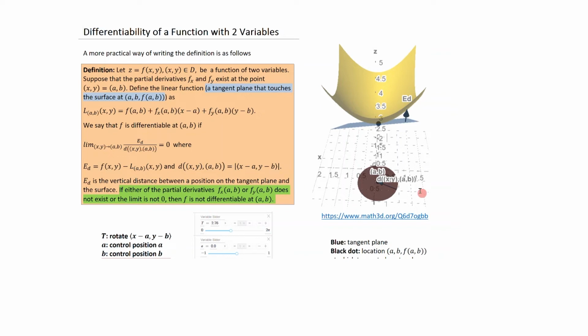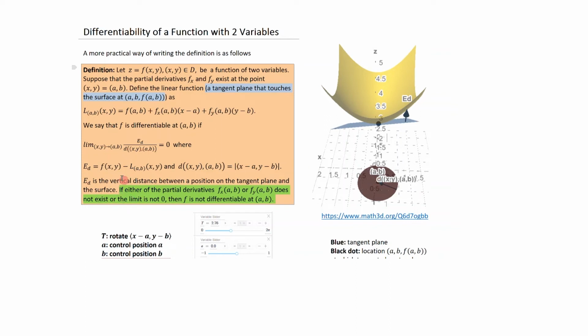If you have a circle, then it's the distance from any point on this circle to the point of interest, which would be the point x equals a, y equals b. So this is the difference in the definition when we move to two variables: this distance is not just along the x-axis, but can be on an xy plane between any point in this region and the point of interest.